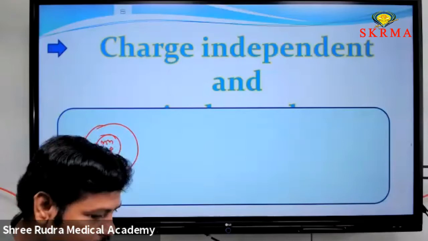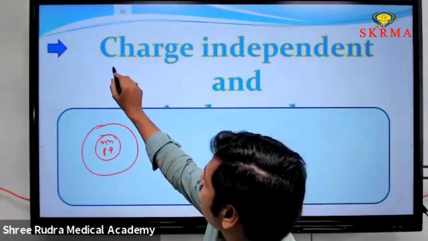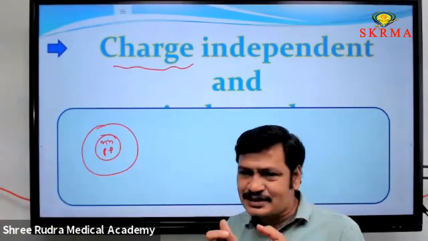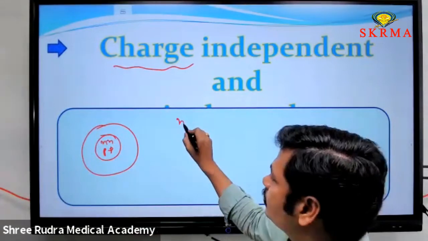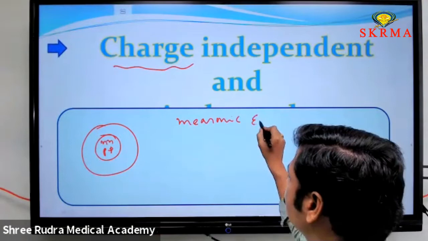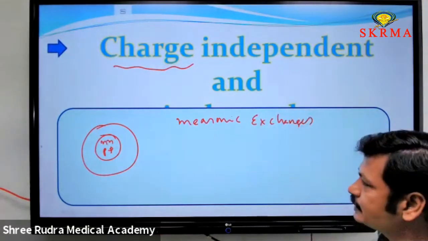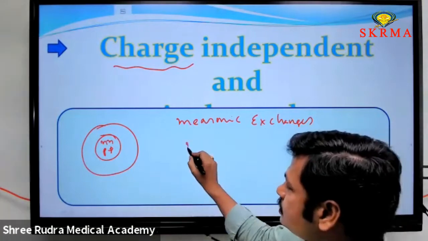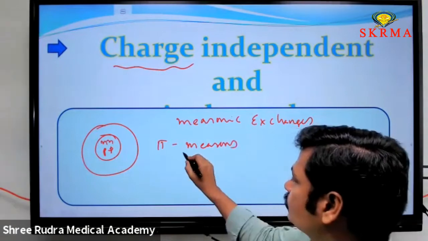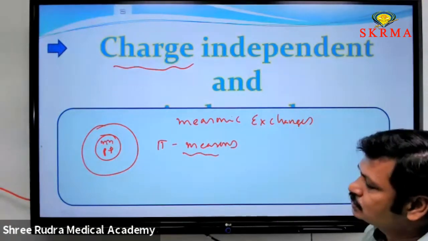But inside the nucleus, the charge is not considered. Why? Because all these exist inside the nucleus by virtue of mesonic exchange. Mesonic exchange is nothing but these particles creating mesons or pi mesons, so as to get stability inside the nucleus.